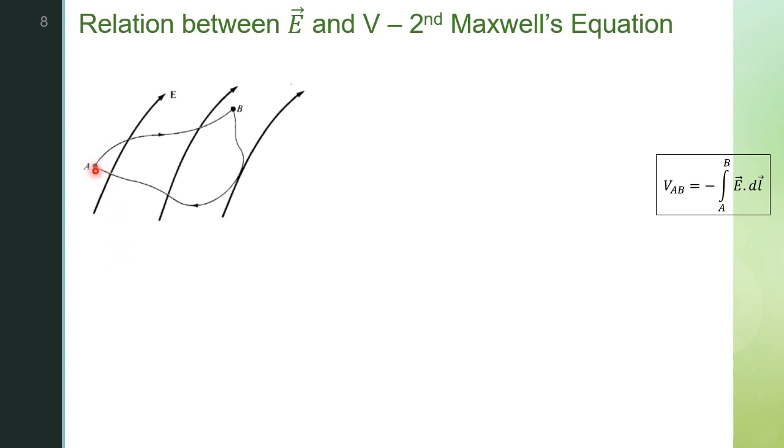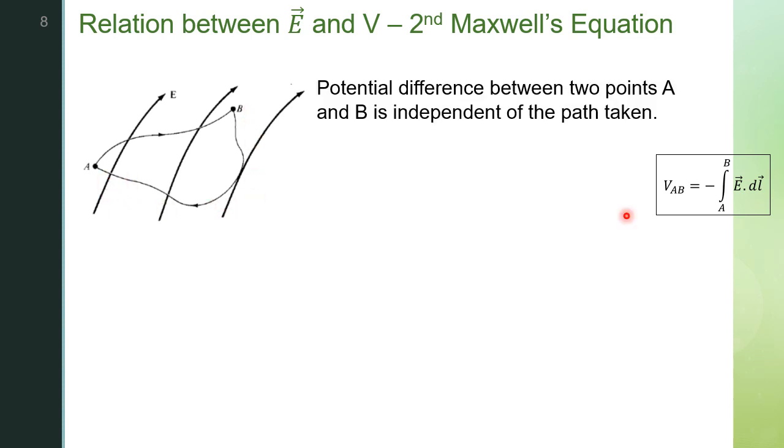Here we are considering two points A and B placed in an electric field, and we are moving a charge from point A to B and then back from B to A. The potential difference between two points is independent of the path taken. VAB is VB minus VA, and VBA is VA minus VB. Therefore, the potential difference between A and B is the negative of the potential difference between B and A.